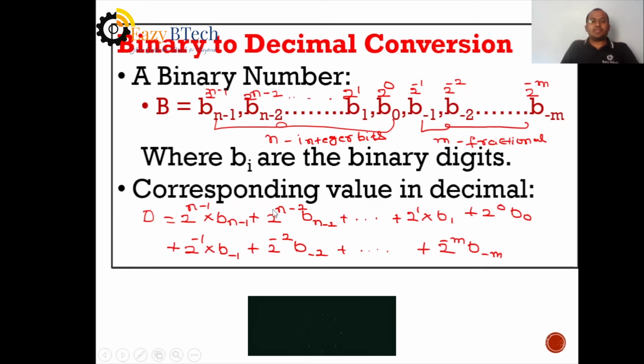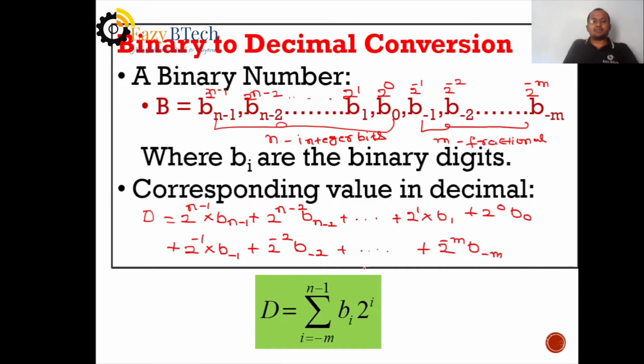The same thing we can express in summation shorthand notation in this way. I running from minus m, which corresponds to the fractional part, up to n minus 1, which corresponds to the integer part, whereas the lower limit corresponds to the fractional part, and then b_i into 2 power i.